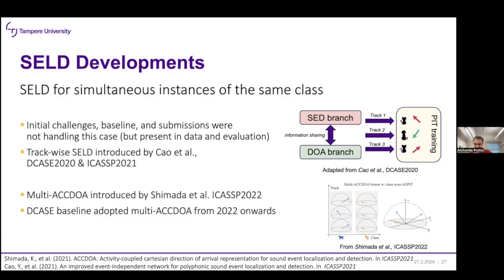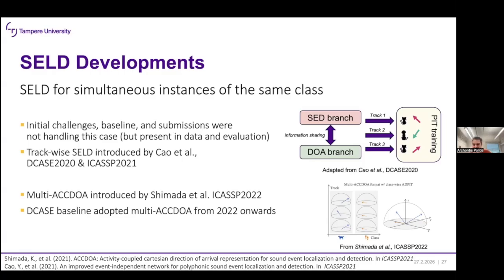And then a little bit later, Shimada also extended the ACCDOA vector representation to this multi-ACCDOA representation, which is essentially just a straightforward extension: instead of using one vector per class, we now use 2 or 3 vectors per class to manage to detect these multiple instances.